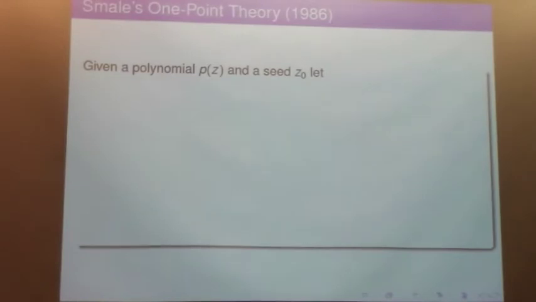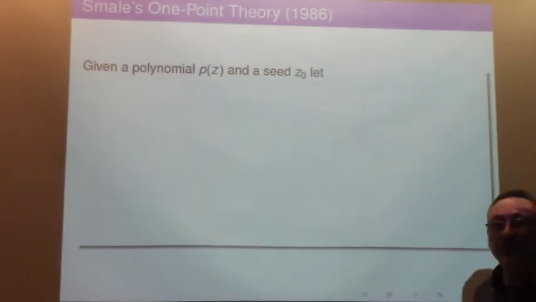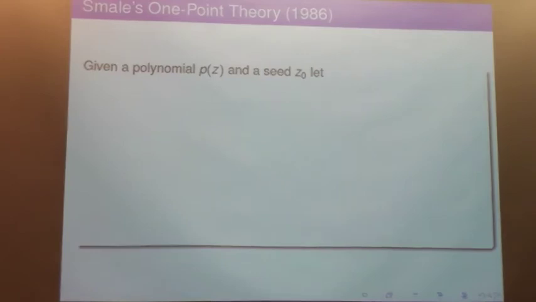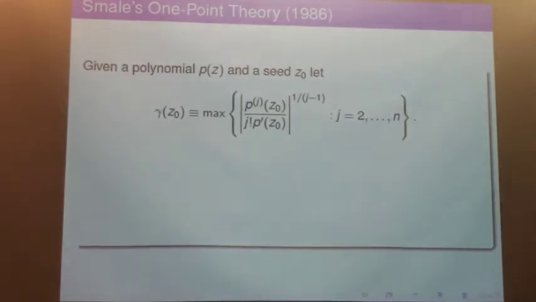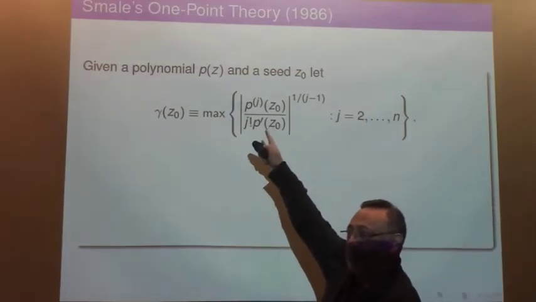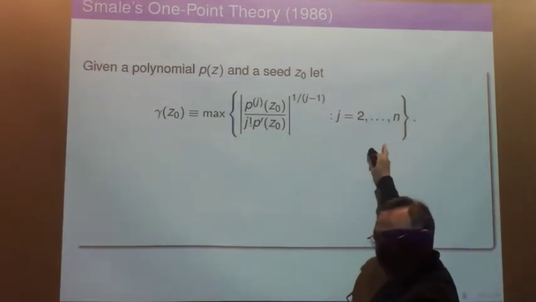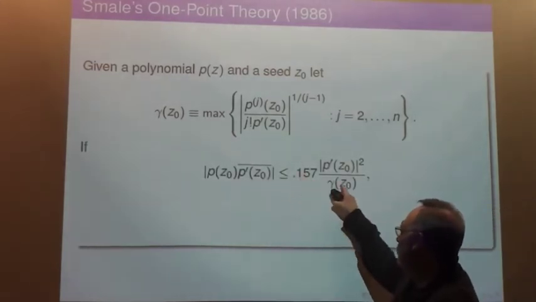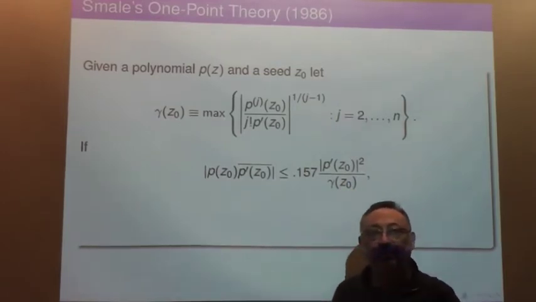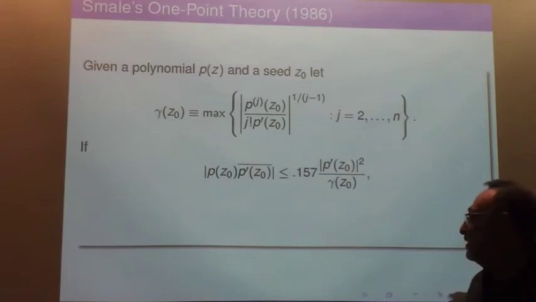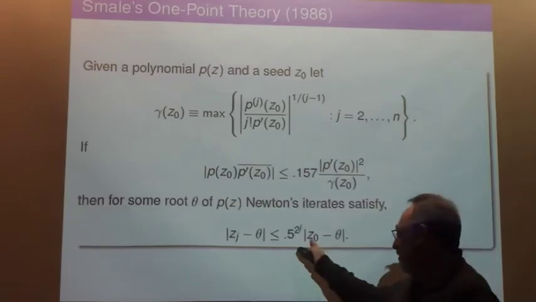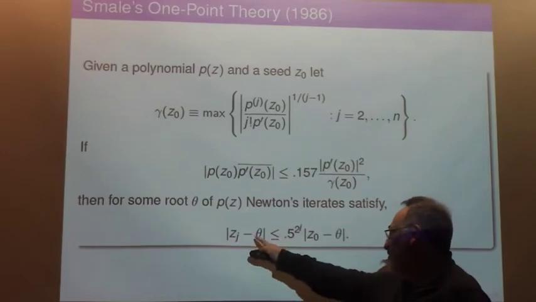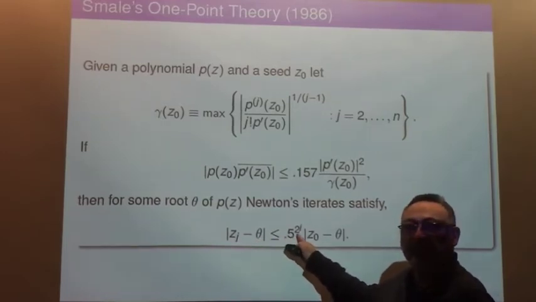Smale's one-point theory is one of the nicest results on Newton's method. It says if you have a seed z0 and you compute this number, where higher derivatives must be computed of the polynomial, all the derivatives actually, and you look at this, and if this number is less than or equal to this quantity, then we are within the quadratic region of convergence, in the sense that if you start iterating, in j iterations you get within 0.52 to the j.